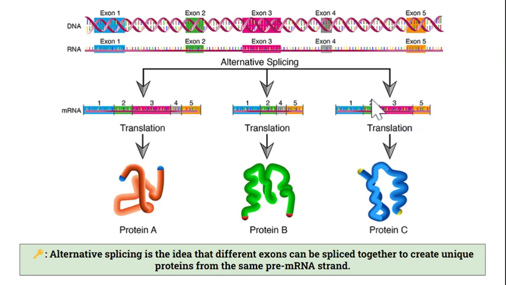So in this case, we cut out 4, and we put together region 1, 2, 3, and 5. We were able to get another unique one. So from the same mRNA piece, we can create multiple proteins depending on which exons we want to keep. So please remember, we always get rid of introns, but we do have selective choosing of which exons we want to keep for the protein.